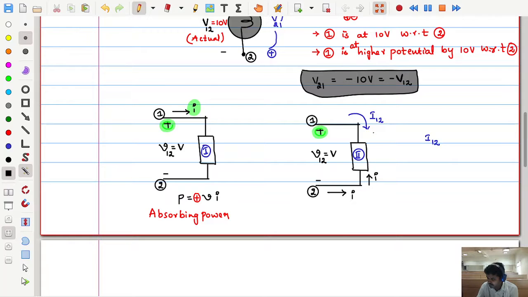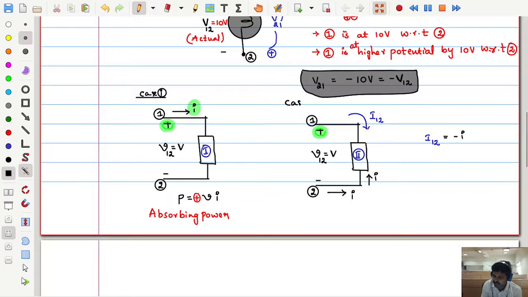How much is I12? It is equal to I but negative, so minus I. I12 is equal to minus I. So just try to understand that this is a separate case where we may come across this kind of situation also, that instead of current entering at terminal 1, current may enter at terminal 2 sometimes. This is our case 2, and this is the case 1 situation.